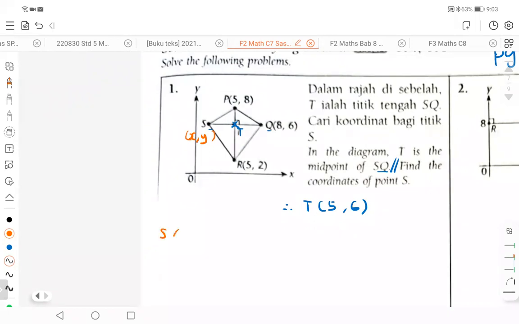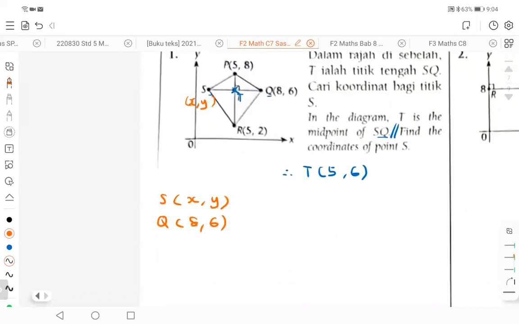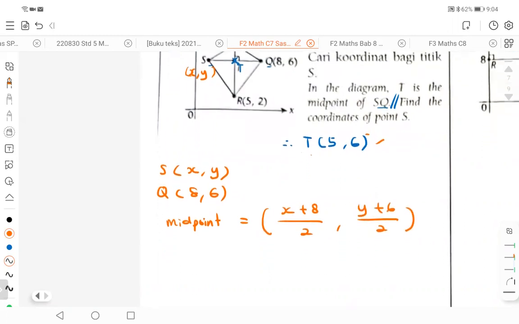List down the coordinate of Q, (8, 6). T is the midpoint of QS, so T equals ((x plus 8) divided by 2, (y plus 6) divided by 2). Since we have the answer already, substitute here: (5, 6).